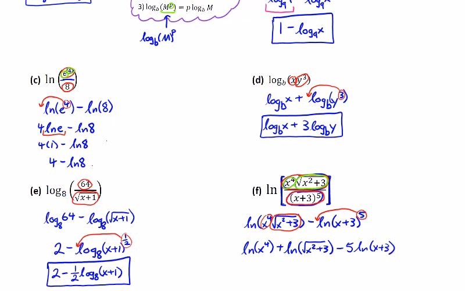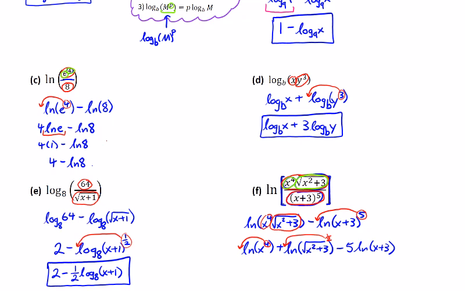So go back and look at it again. Is there another iteration of a rule that could be applied? So we have a power of 4 on the x. That can be brought down in front of that first log. We also have a square root, which has the implied 1/2 exponent. That can also be brought down in front.